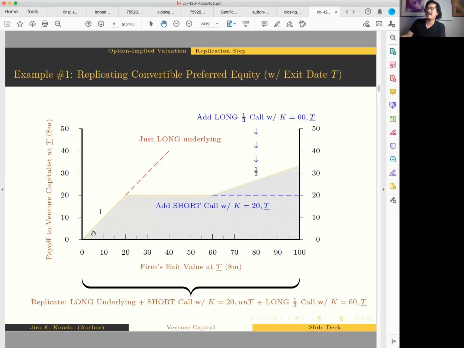Right, so in this curve right here, all I'm doing is telling you we're making an assumption on the exit date. That's all I've added. I'm assuming that that startup will exit at time T, where T were the rule of thumb numbers that I gave in part 1 of topic 3.